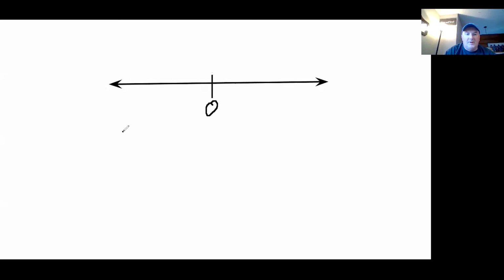We'll go down here. We go -3 plus 2. So we go like this. So 1, 2, 3.